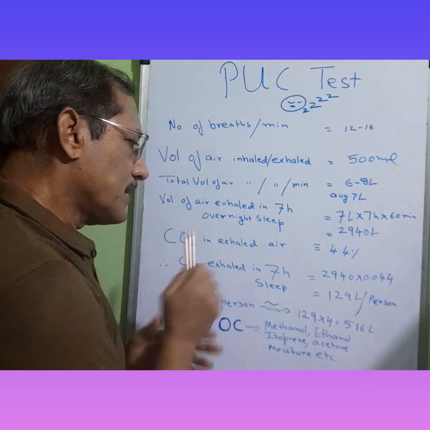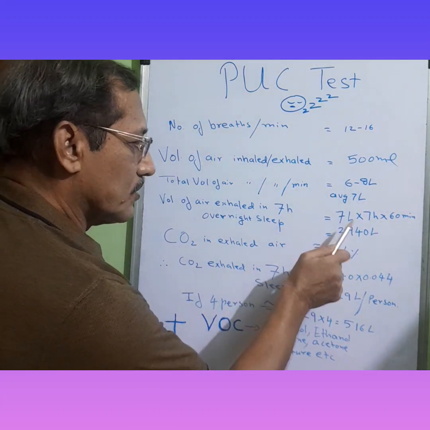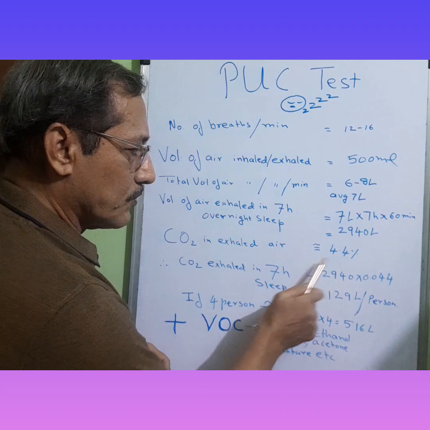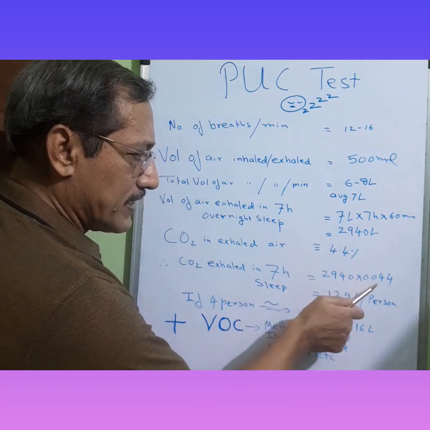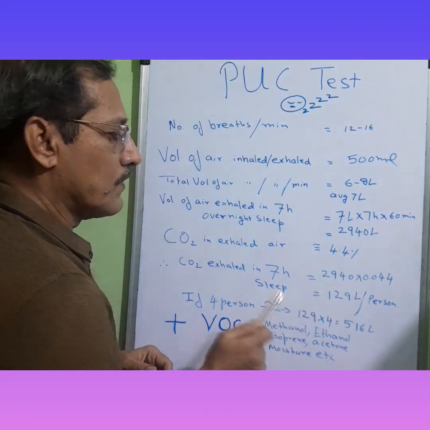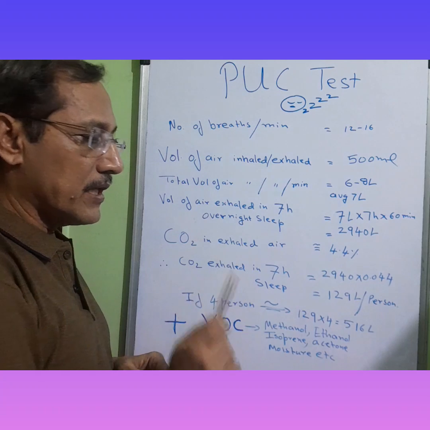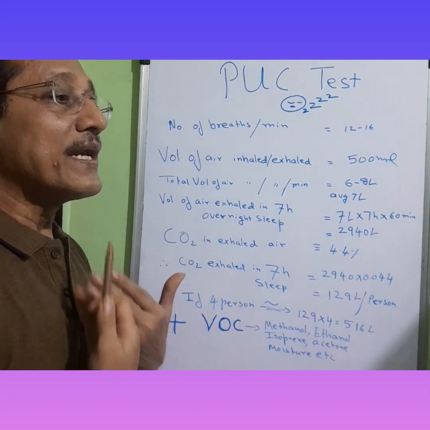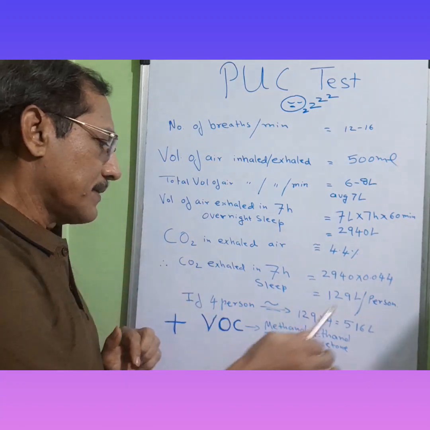So we just multiply it by 4.4%: 2940 multiplied by 4%, so we divide by 100 and then multiply. On doing so, we end up with 129 liters of carbon dioxide that a person exhales in 7 hours of sleep.